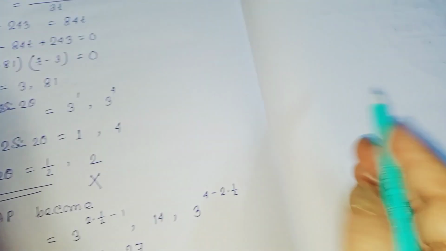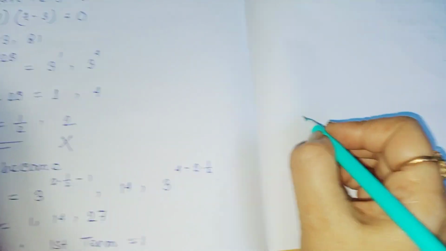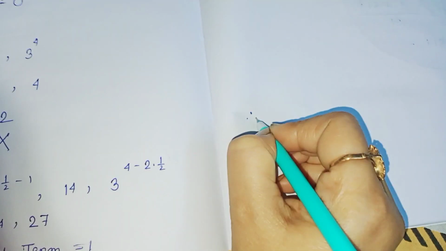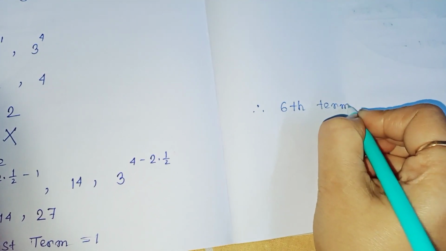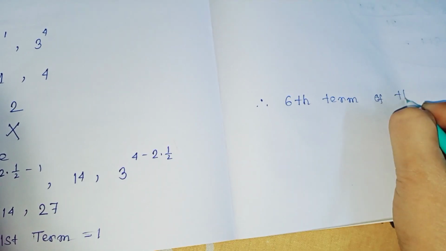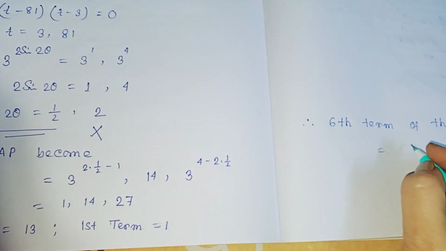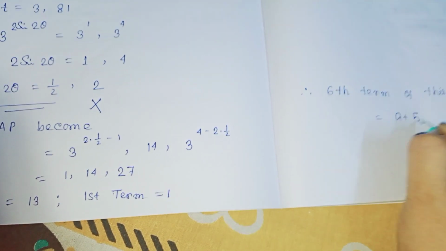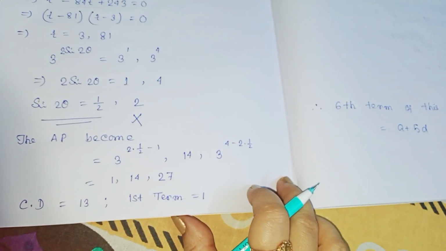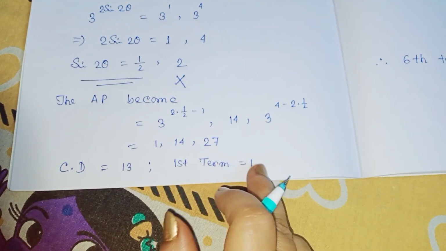Therefore the sixth term of this AP is a plus 5d, and here the common difference is 13 and the first term is 1.